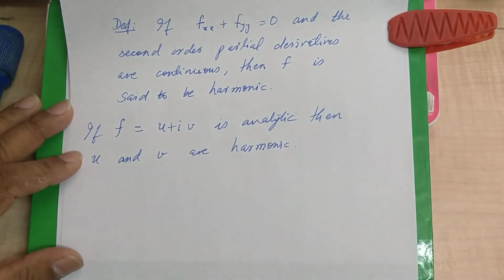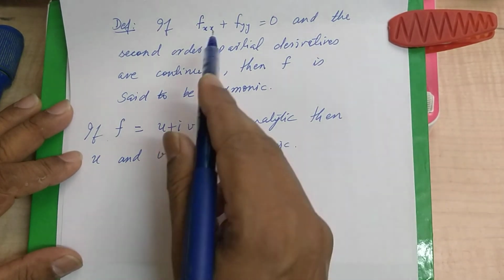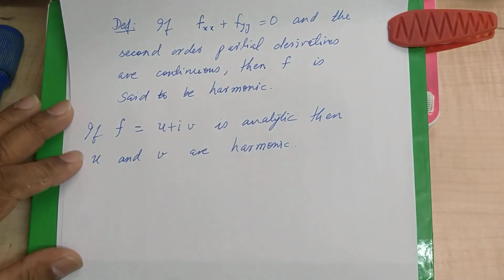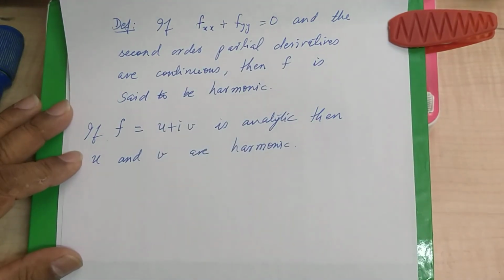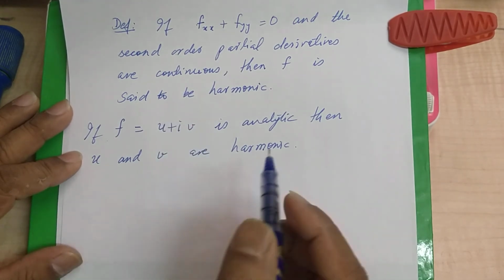In other words, if you are seeking solutions of the Laplace equation, then you get lots of solutions from analytic functions. So pick up an analytic function, its real part and imaginary part are going to be solutions of that. Right now we are not looking at boundary conditions and other things.